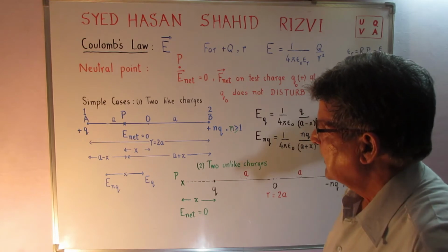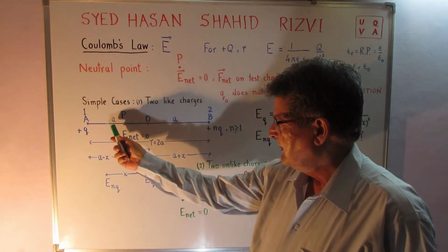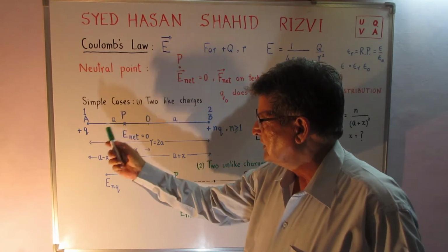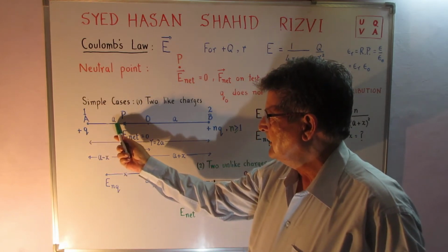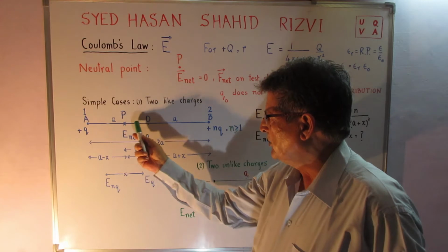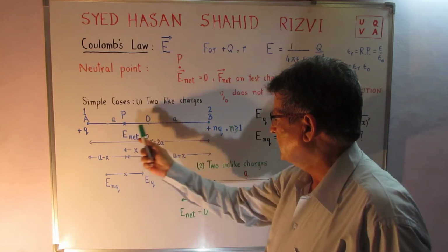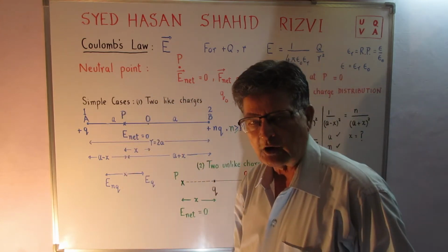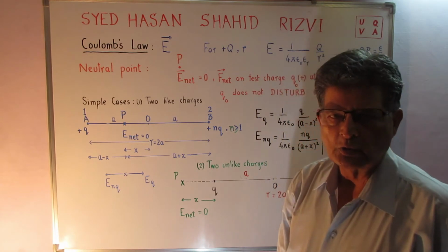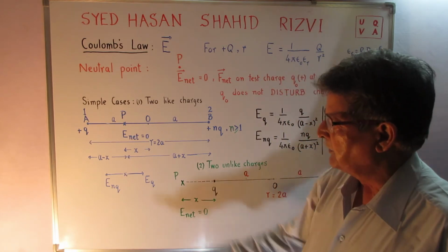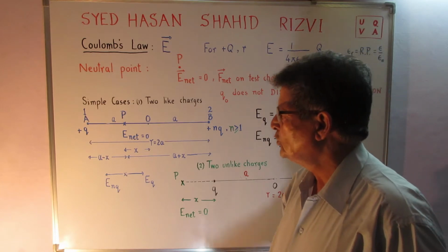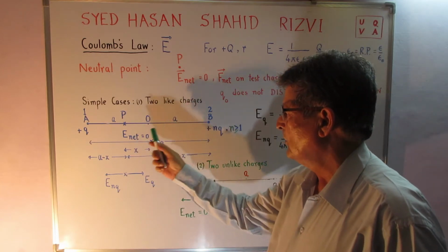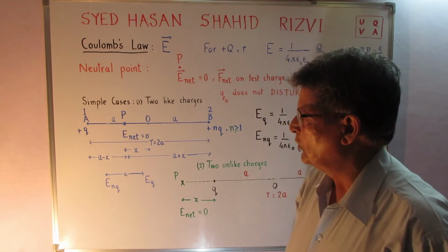Because if the point P is close to A here, then the field due to this will be larger as compared to the field due to this, and there will not be a balance of the two fields. Or if you put a charge over there, there will not be a balance between the two forces. This force will be greater than this force.